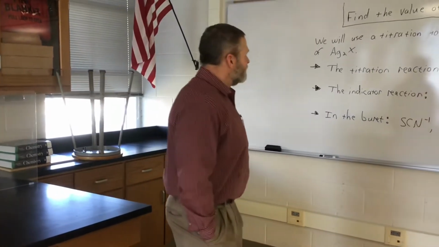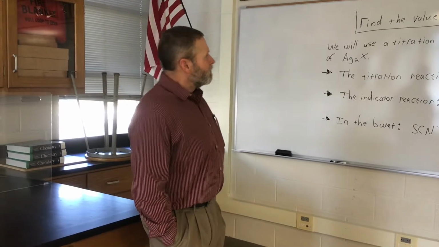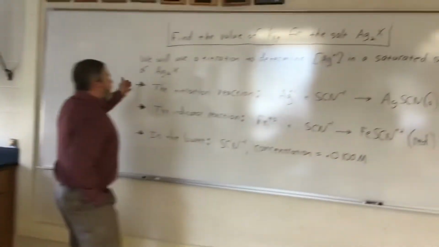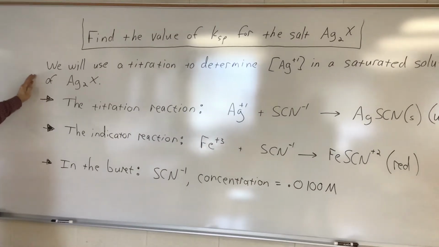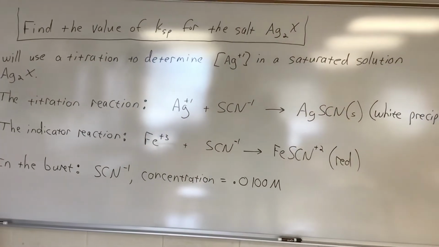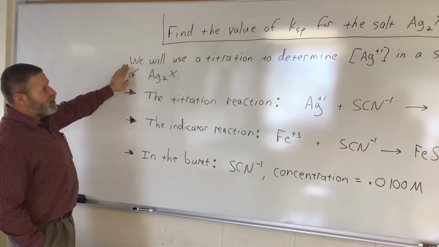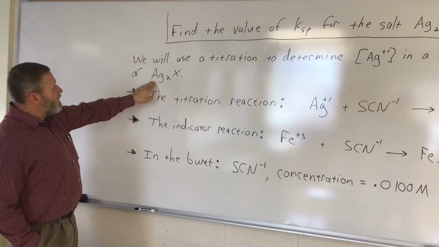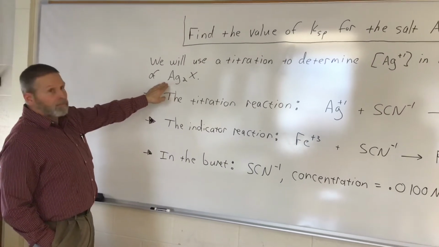You can see up here, we're trying to use a titration to determine the silver ion concentration. But the way you have to think of this is, the silver ions are being created by this sparingly soluble salt, Ag2X.